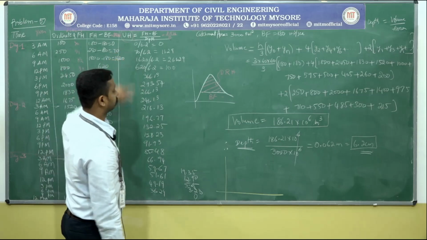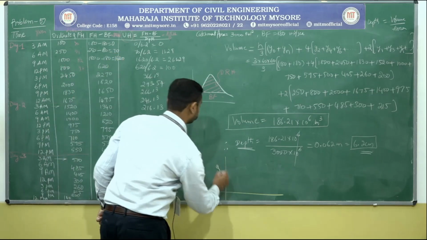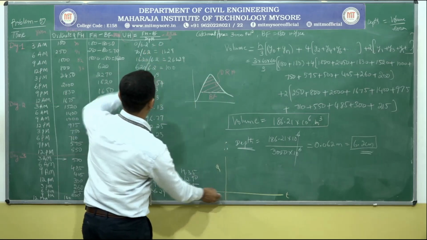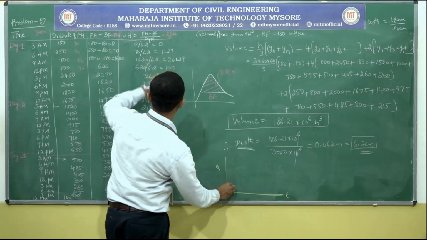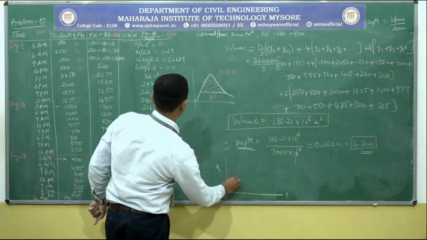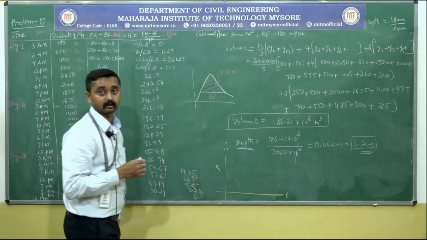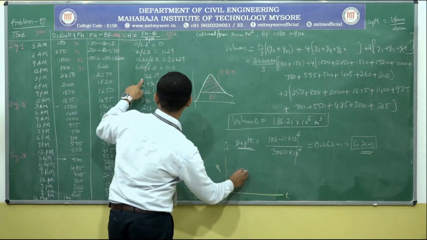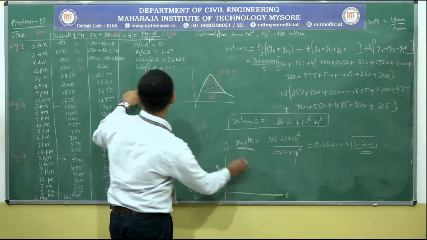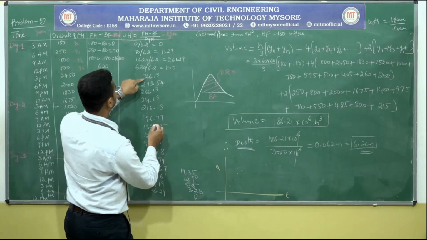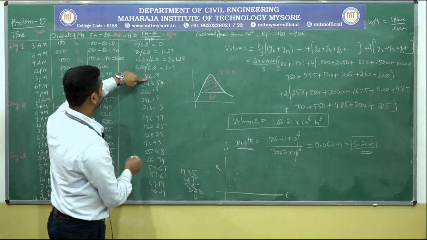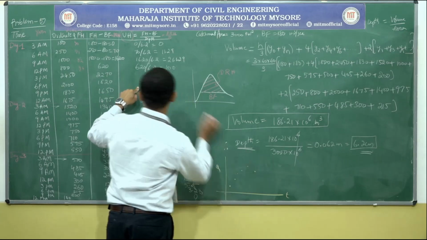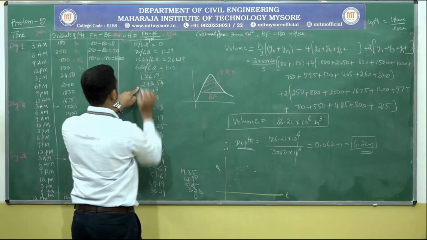These are the ordinates of the unit hydrograph, nothing but Q, and this is T. Again 0. Next 11. Okay, next 261. You should draw to scale. Okay, 100, 366, 293. I think this is the peak. 366 is the peak. This is the peak coordinate.